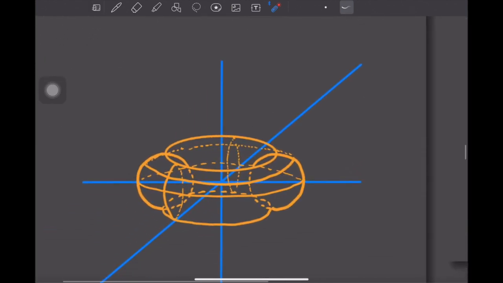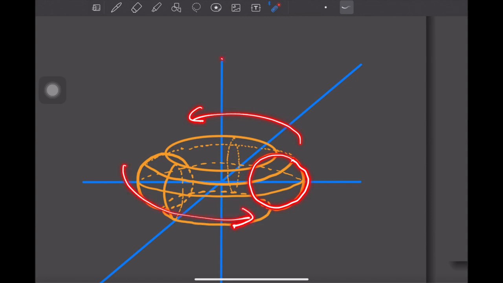I didn't draw it completely because what I want to sketch more clearly is how the revolution functions. Right? So here you can see this is the circle that one starts rotating around the z-axis. Yeah.